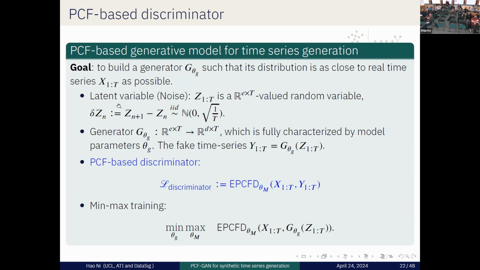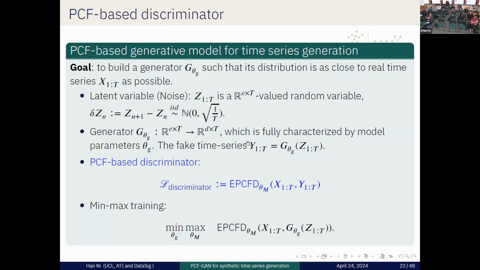Here for simplicity, we consider the noise vector that is an E-valued time series, and the increment of it is normally distributed with zero mean and a variance of 1 over 128. The generator is the model which maps the E-dimensional time series to a D-dimensional time series.